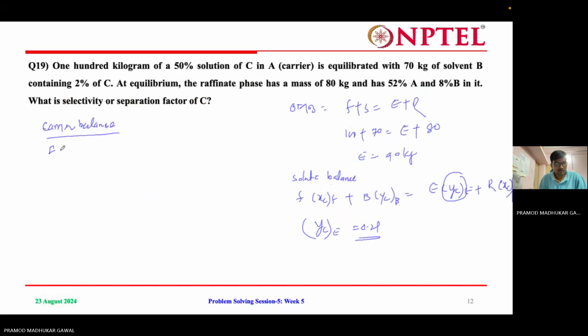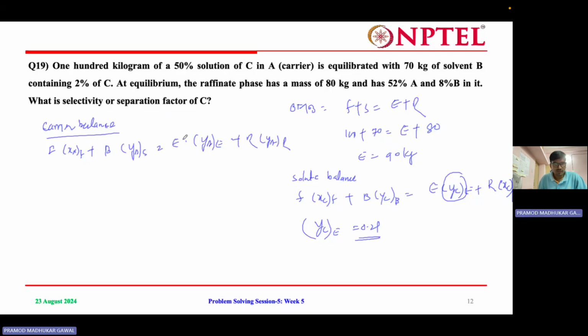Mole fraction of the carrier in the feed plus quantity of the solvent times mole fraction of the carrier in the solvent stream equals quantity of extract phase times mole fraction of carrier in the extract phase plus R times mole fraction of A in the raffinate phase, right?